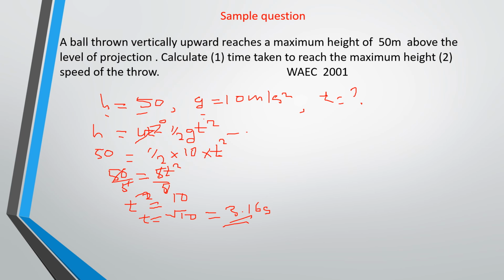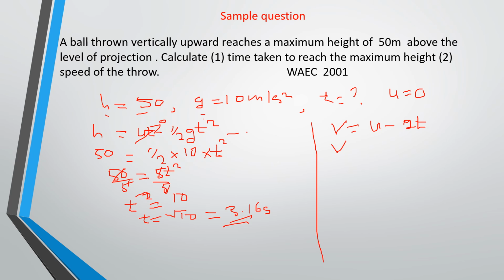Now, the speed of throw. From the first equation of motion, we had that v is equal to u minus gt. Initial velocity u is equal to 0.